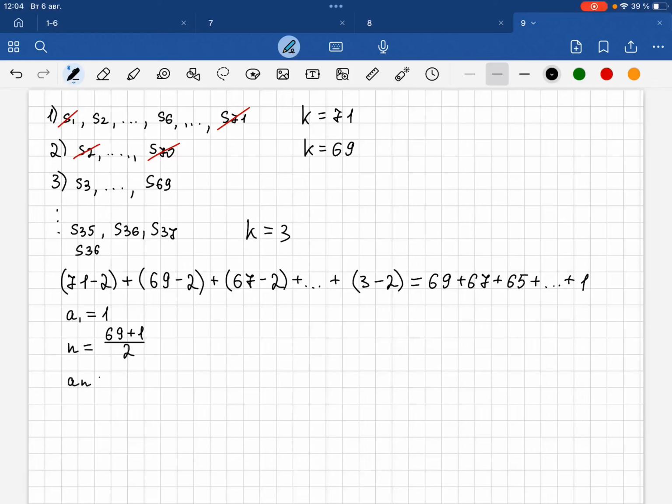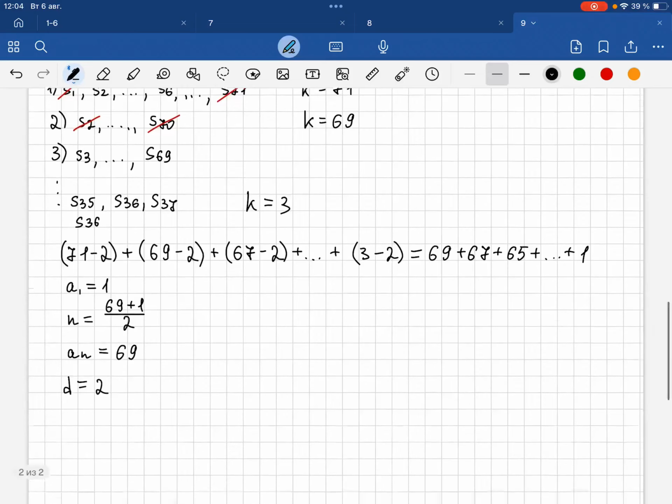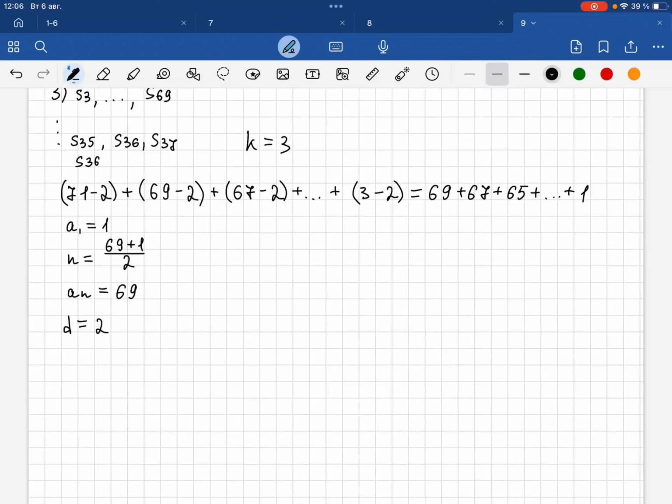And our nth term, an, is equal to 69. And the common difference here, d, is equal to 2. And the sum of n terms of the arithmetic progression, Sn, is equal to a1 plus an divided by 2 and multiplied by n.